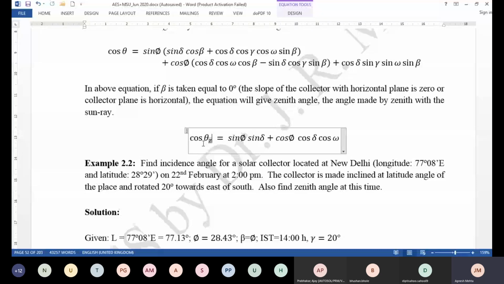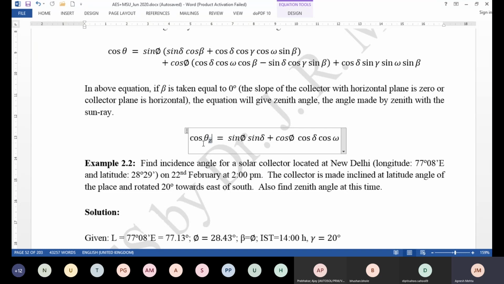You can make other special cases. For example, let's say your beta is equal to 90 degrees, meaning your collector is vertical. Of course, most of the times you don't keep it vertical, but let's say you are talking about a vertical surface. In that case, what changes will happen to this formula? On a vertical surface, what is the formula that will be available?